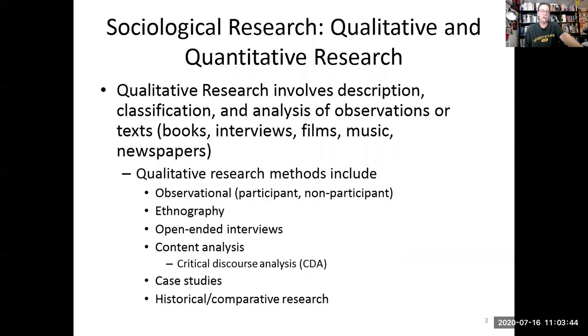In sociological research, there are two broad kinds of research: qualitative and quantitative. Qualitative involves just examining the qualities of things, as opposed to a numeric sort of analysis that's amenable to statistical methods. So that would include interviews. It would include participant observation, which was the other photo on our title slide I forgot to mention.